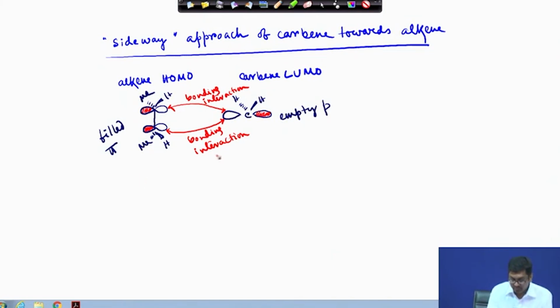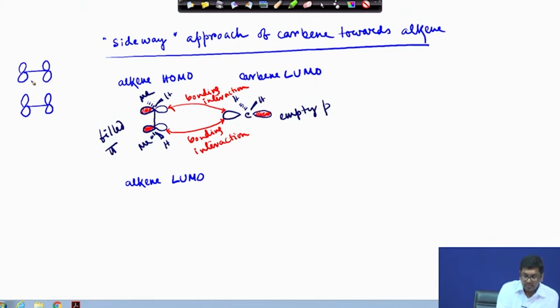That means, now we will take the alkene LUMO, that means lowest unoccupied molecular orbital. You see, so like this pi 2 electron system. So, you can fill up like this, something like this.